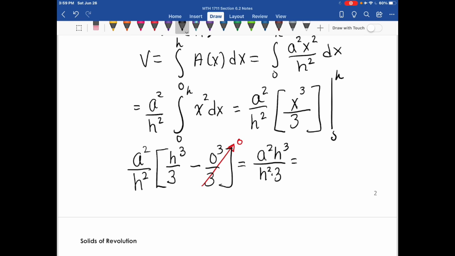So what I'm left with is a squared times h cubed over h squared times 3. And when I cancel two h's on the top and the bottom, and I pull the 1/3 out in front, we have just derived the formula for the volume of a pyramid with a square base.